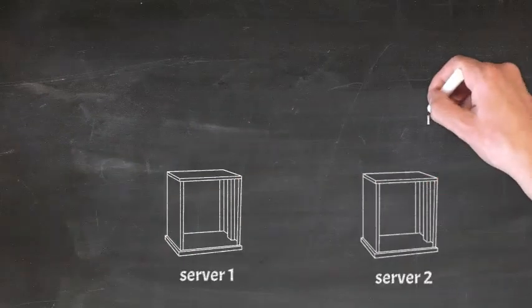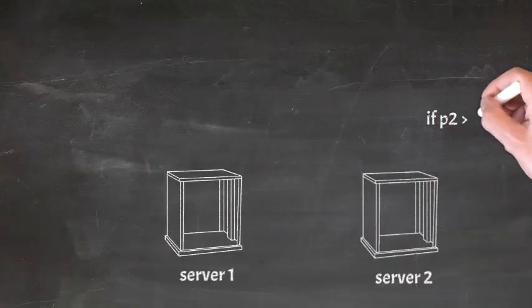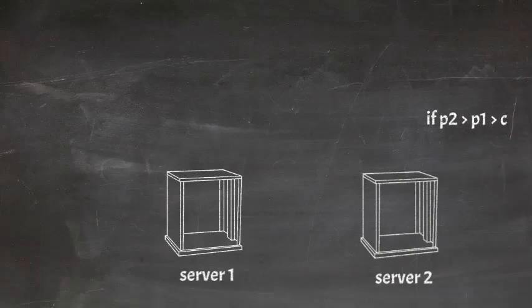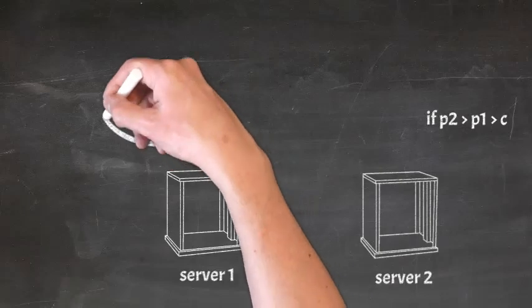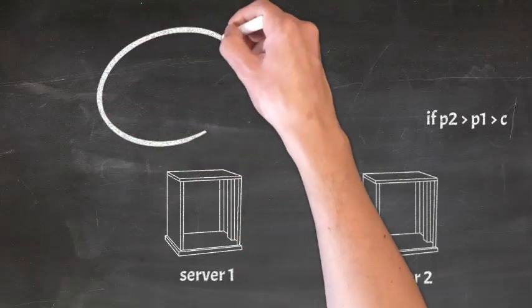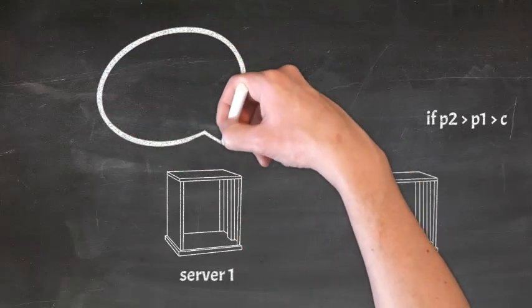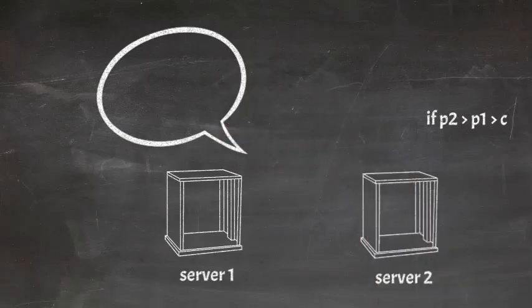Now let's look at the case that P1 is greater than C, and P2 is greater than P1. If you are server 1, you actually have the intention to be active, because if you're active, your expected payoff will be at least P1 minus C, which is greater than 0. It seems like it's better than doing nothing.